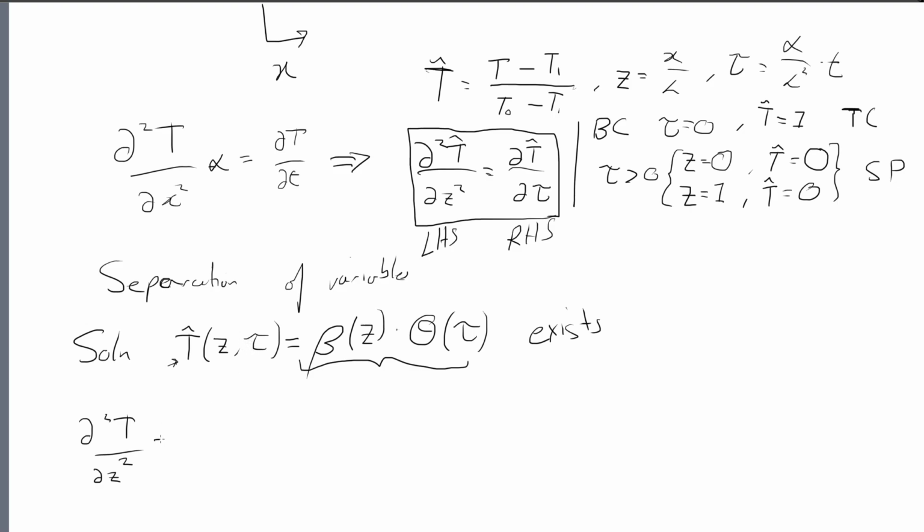So if we differentiate t hat twice, we'll apply the product rule, and what you'll see is we'll get the second derivative of beta with respect to z multiplied by this function theta, plus the second derivative of theta with respect to z multiplied by this function beta.